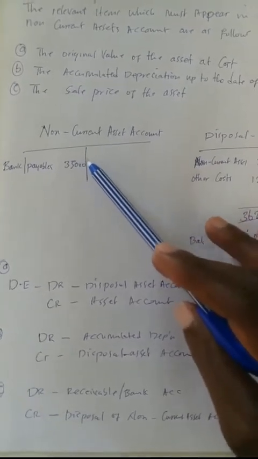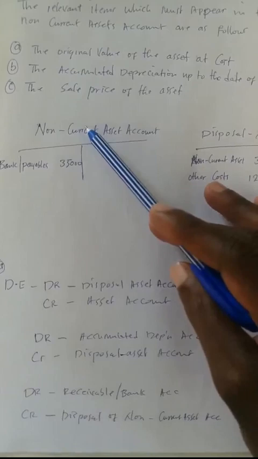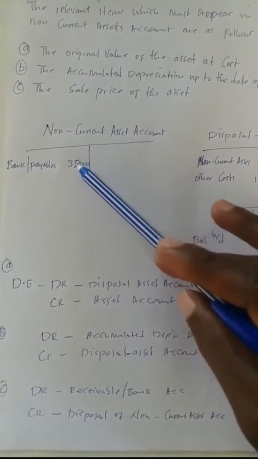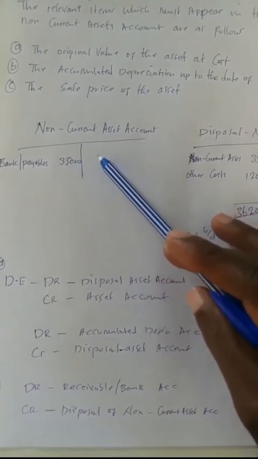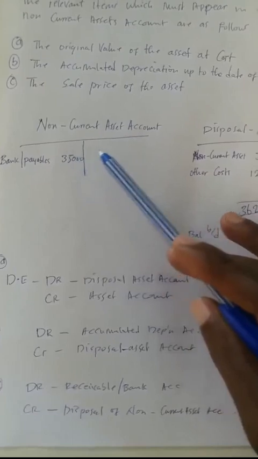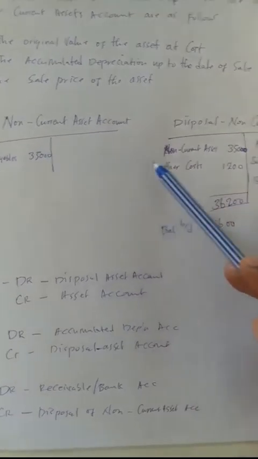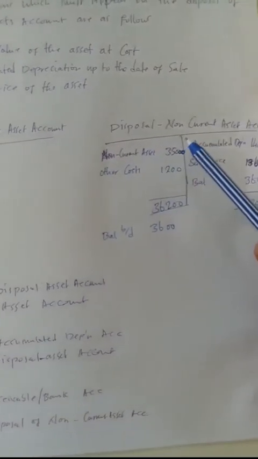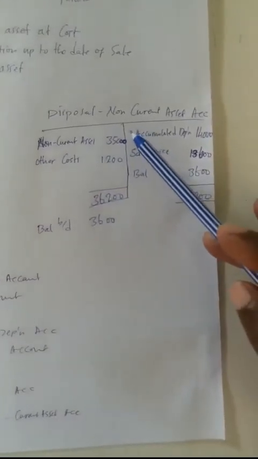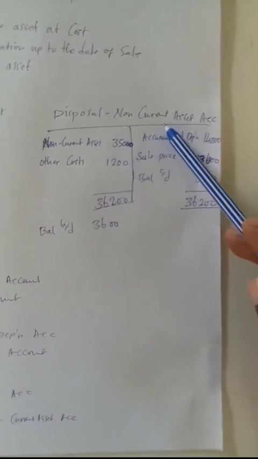It was recorded by debiting the non-current asset account. I explained this earlier. By the way, these figures are coming from the same example that I was just explaining.